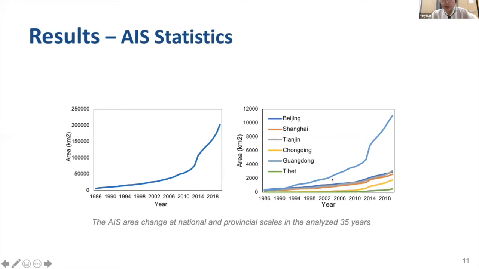And Guangdong has a growth pattern similar to that of the national level, and Tibet shows that the western part has lower impervious surface area.